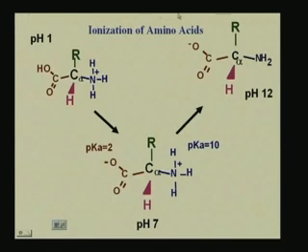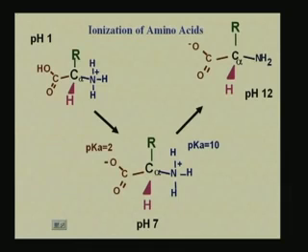So, what do we have here? At a pH of 1, we have our carboxylic acid protonated, and we have our amine group protonated. There is no other place where a proton can be accepted here. As you increase the pH, or if you consider a titration, say you are adding base, what is going to happen?